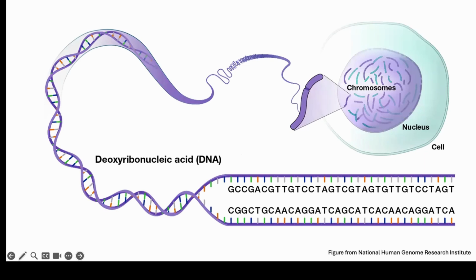DNA is the chemical compound that contains the information that's needed to develop life and to direct the activities of life. Each DNA strand is made up of 4 chemical units that are called nucleotides or bases, and they're kind of like a genetic alphabet. The bases are adenine, thymine, guanine, and cytosine, and they're referred to as AGTC.